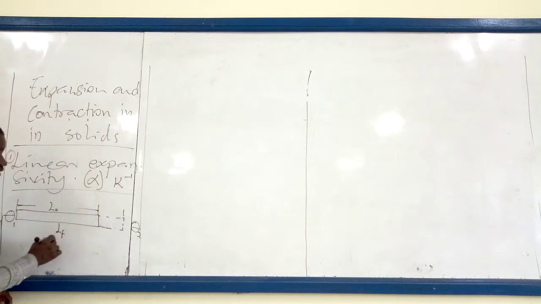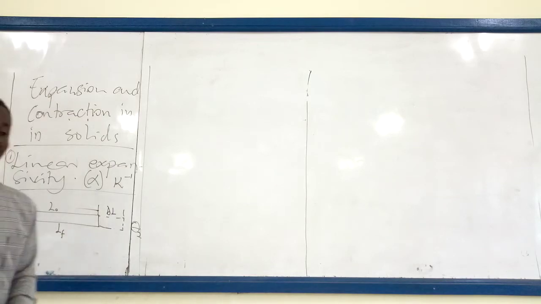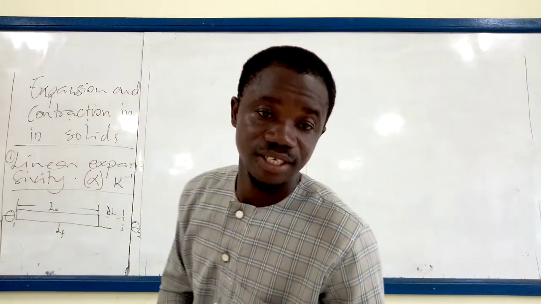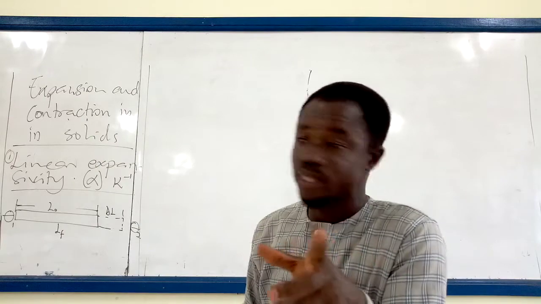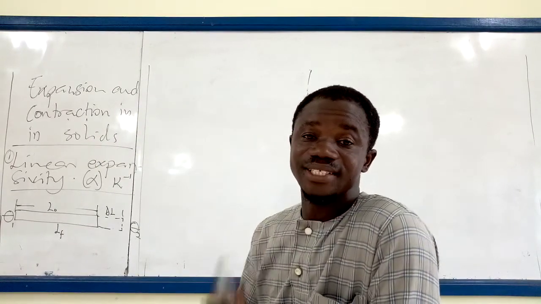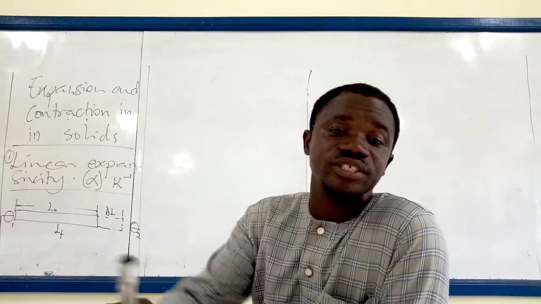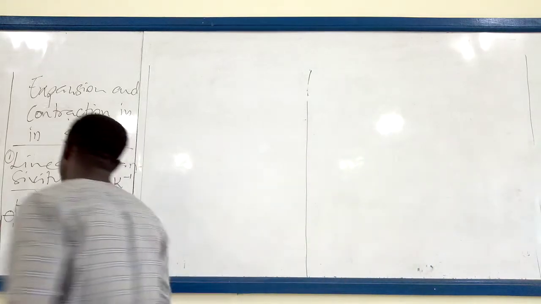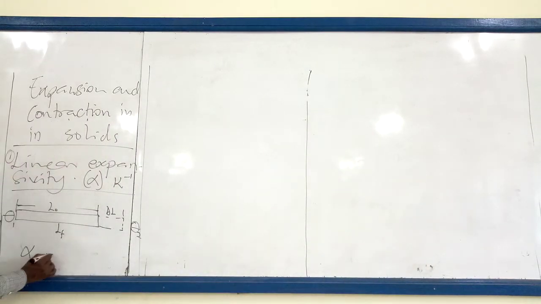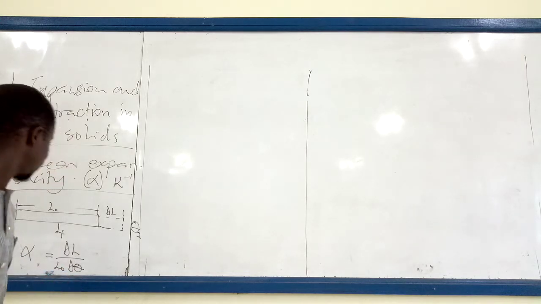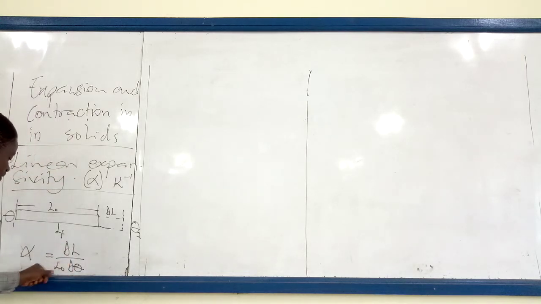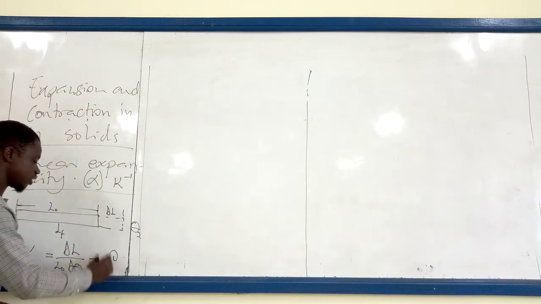There's a new length LF and a change in length delta L. The linear expansivity of a solid is defined as the change in length per unit original length per change in temperature. So alpha is equal to change in length per unit original length per change in temperature. I hope you can see what I've written on the board. Let's call this equation 1.